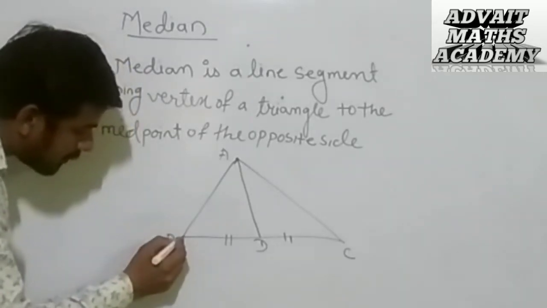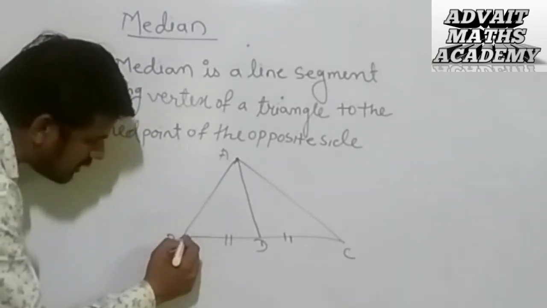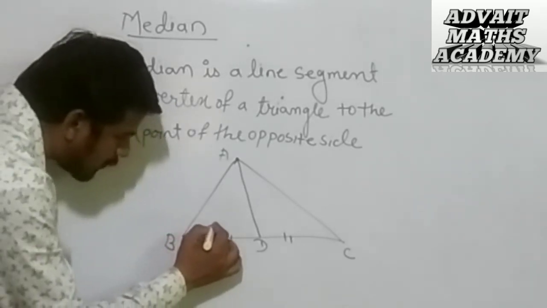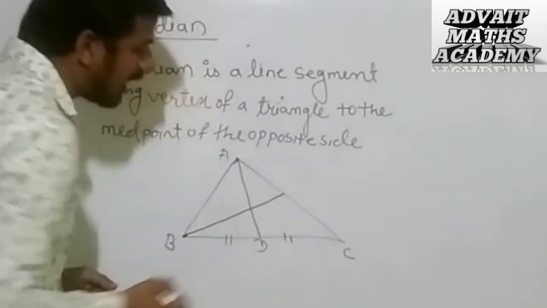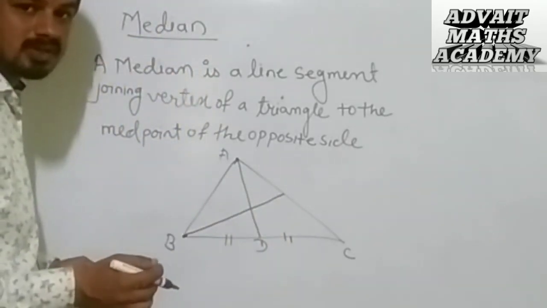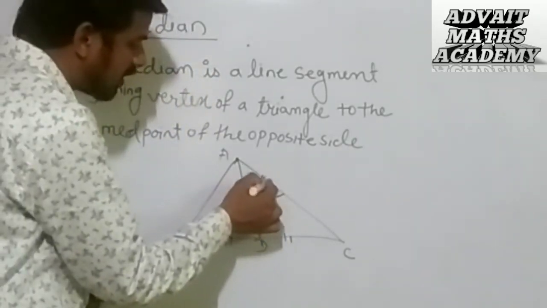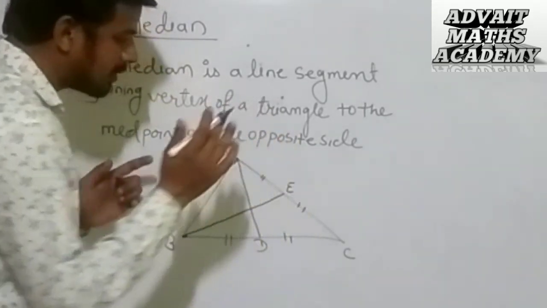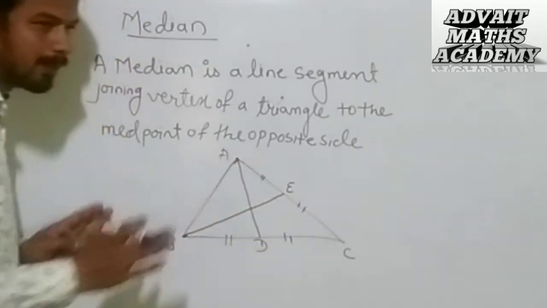Similarly, B is also a vertex. A line segment joining the vertex to the opposite side, and the opposite side is divided into two equal halves. Then this line is known as a median. So BD is also a median.